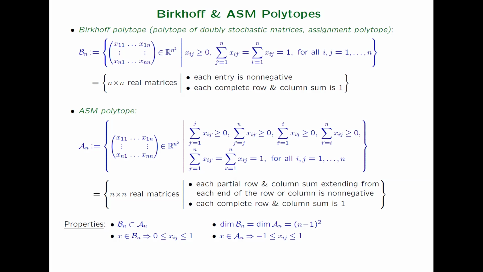So the difference of successive partial sums must be between -1 and 1. So in fact, both of these properties down here guarantee that we're looking at bounded subsets of R to the n squared. And clearly we've got a system of linear inequalities here. So therefore we do have a bounded intersection of linear inequalities, and therefore we do have polytopes.